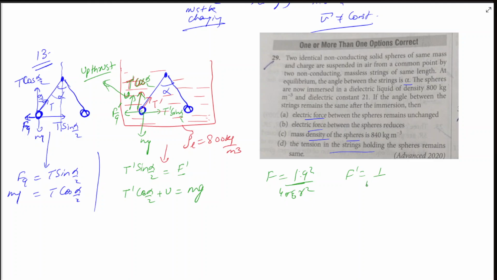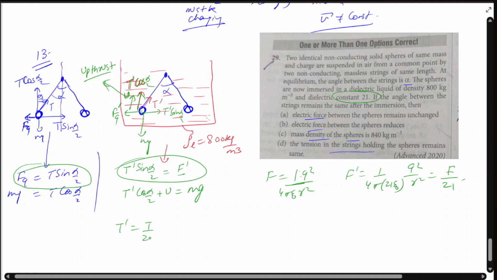This time it will be 1 upon 4 pi 21 epsilon, because the dielectric constant is 21. So F dash will be F by 21. If I equate this equation and this equation, T dash will be T by 21.